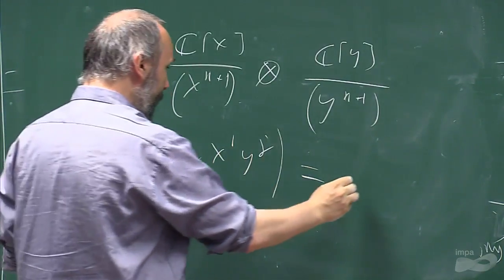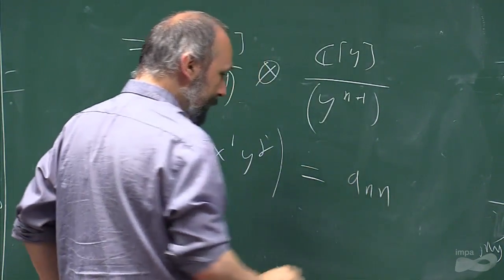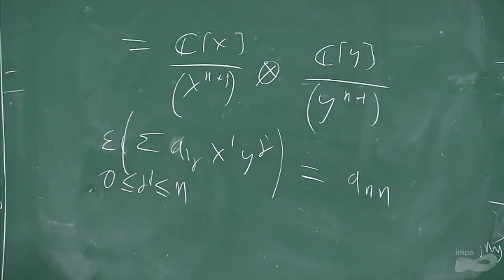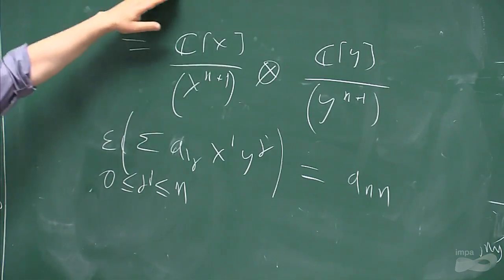And this is equal to a_nn. You take a projection to the biggest degree term, which is non-zero.